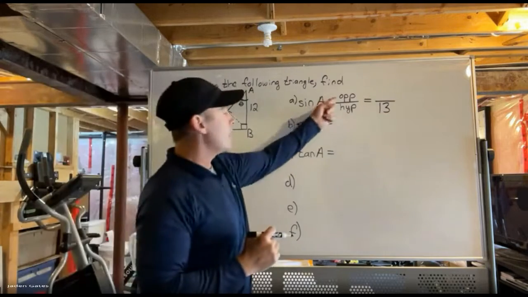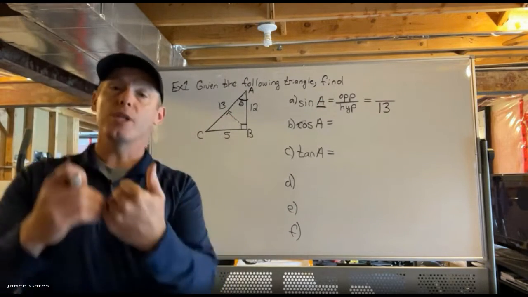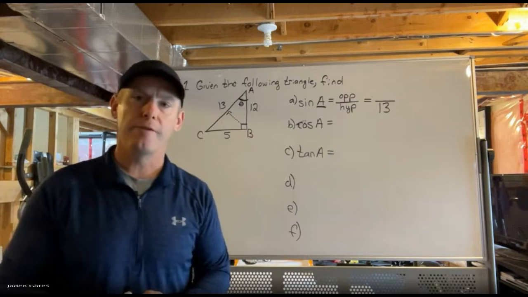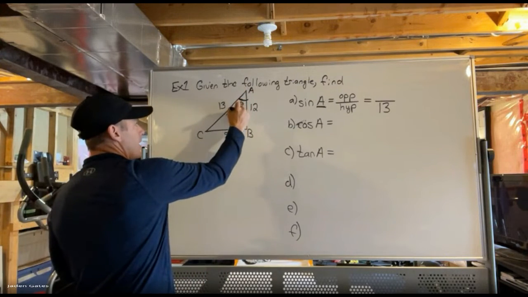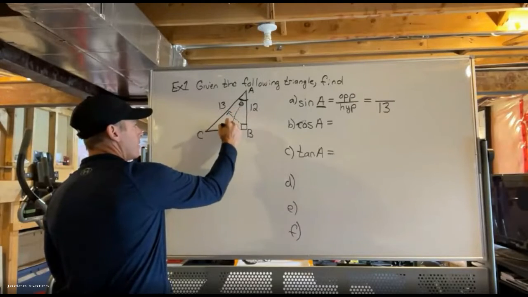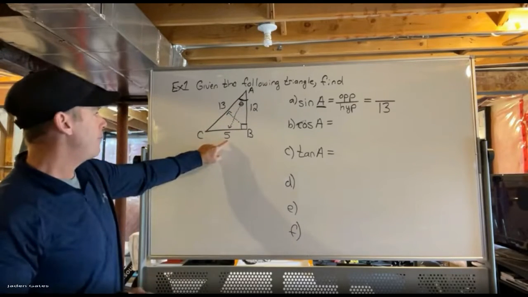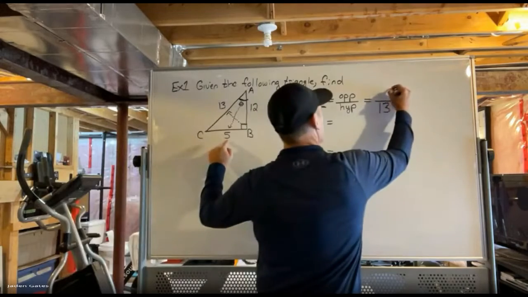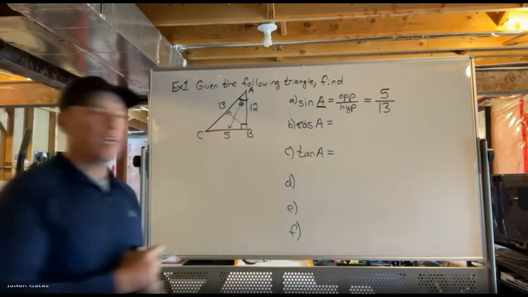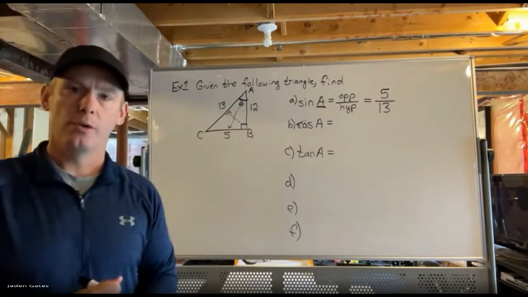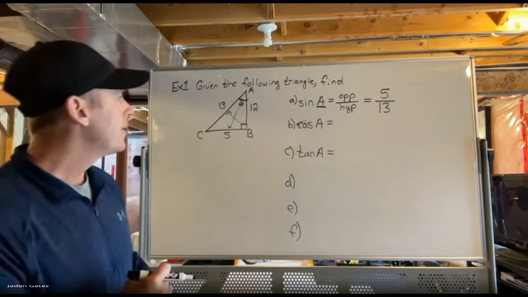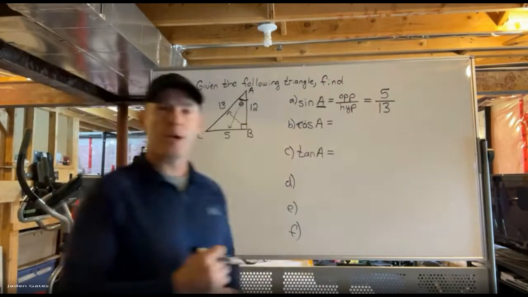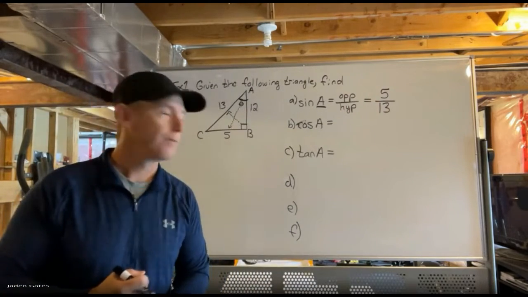The opposite is always across from the angle you're looking from. Here's our angle A that we're looking from, and if I go across from it, I have a 5. So the sine A ratio, which again can always be expressed as a fraction, is 5 divided by 13. That's our sine ratio.